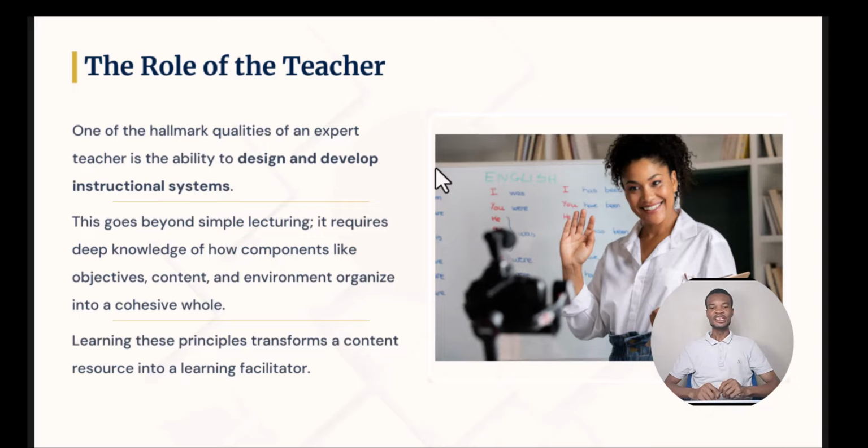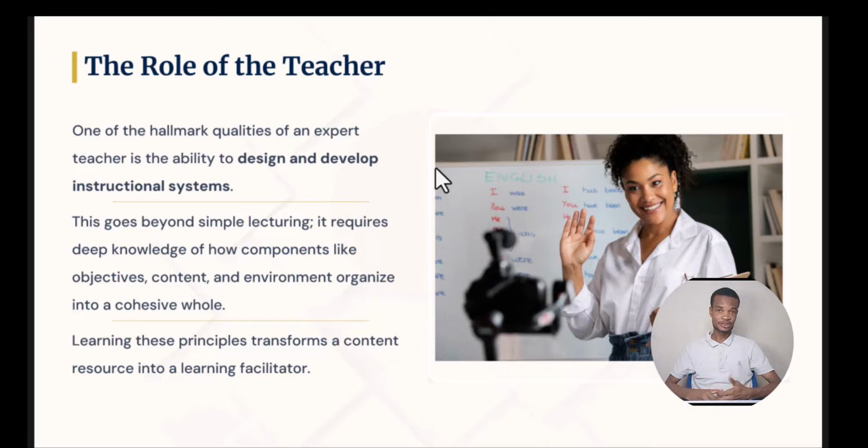So it's beyond just lecturing, and it requires deep knowledge of how components like objectives, contents, and environment, in fact, including the learners that they are going to class to teach, organize into a cohesive whole.